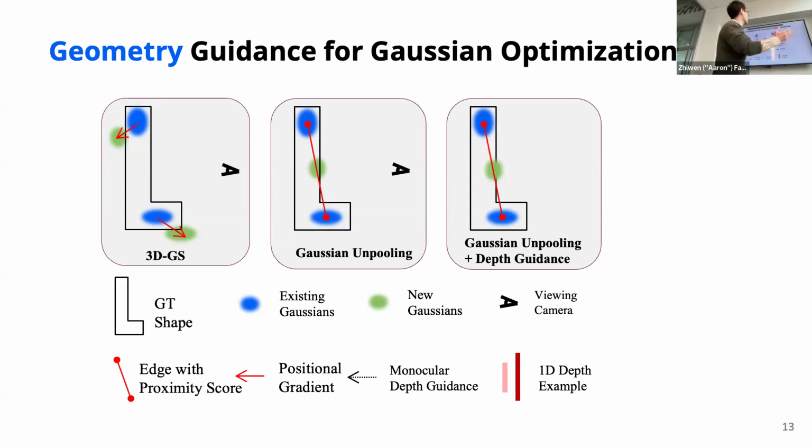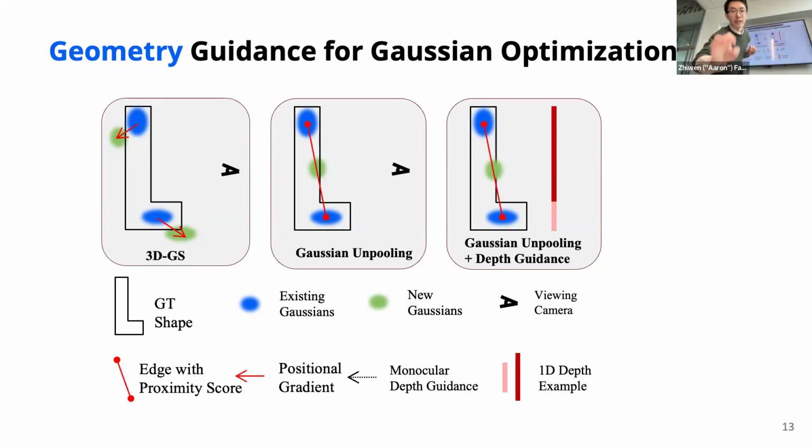Next, how are we going to push it toward the most representative place? Here we use a generative prior. The first thing is, it's not a diffusion model, it's not a language model, but a geometric prior model. We have a so-called monocular depth estimator. Given one observation, it tells us which pixel is closer to the camera and which pixel is farther from the camera.